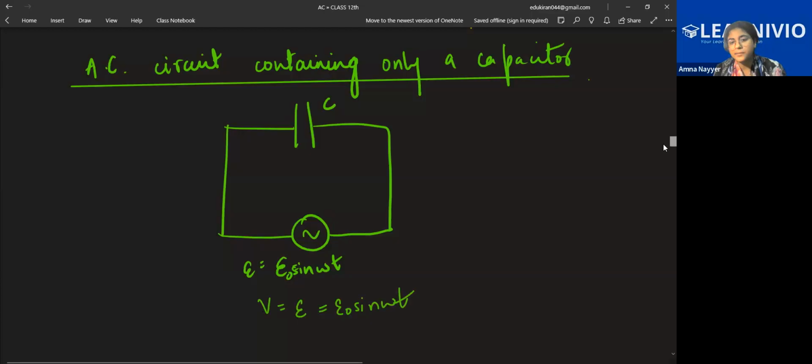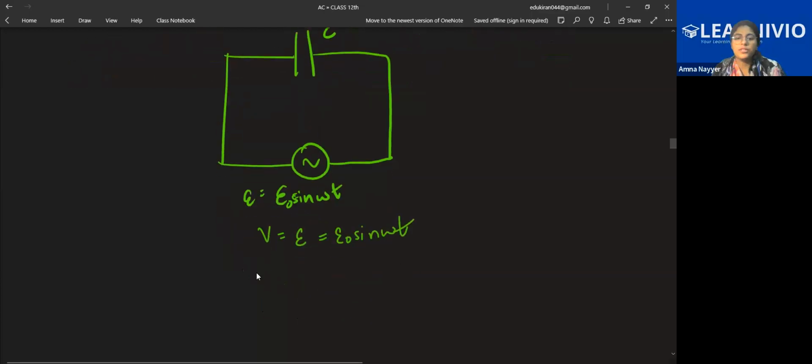Now tell me a formula, Zara, which relates charge and potential. I want a relationship, what is the formula for capacitance?